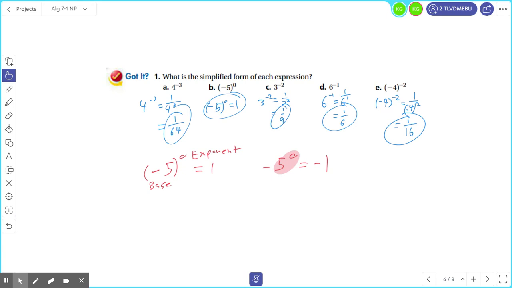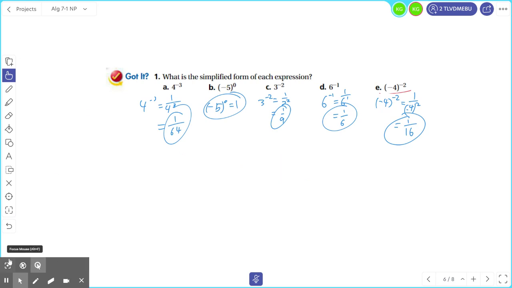Another example, and this is one that a lot of people make, like on E here, we have (-4) to the -2.